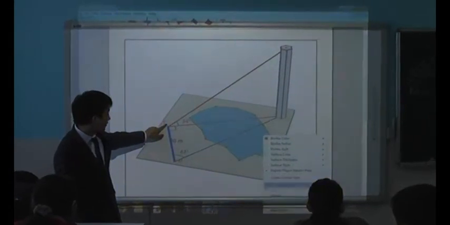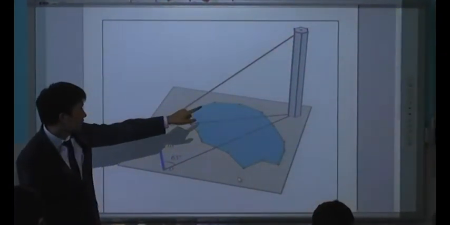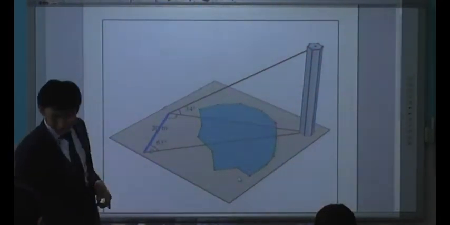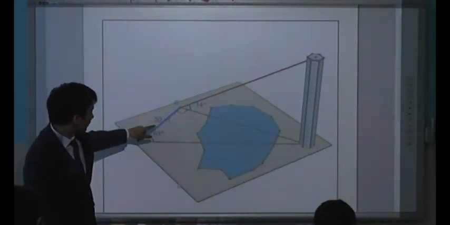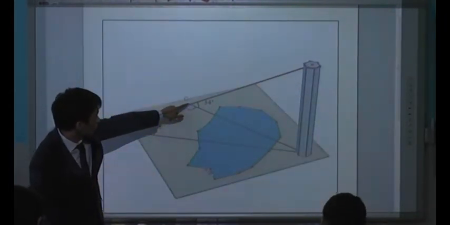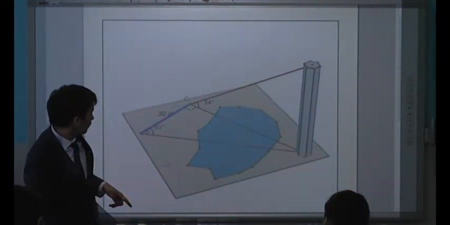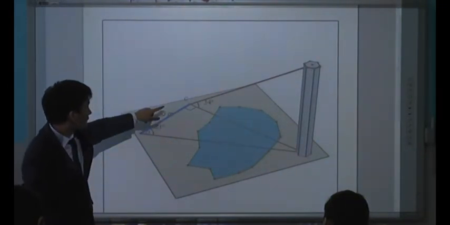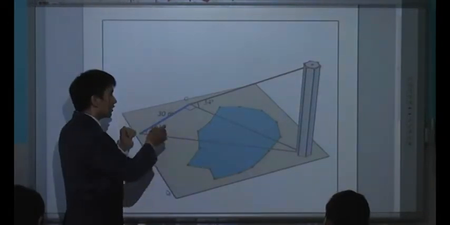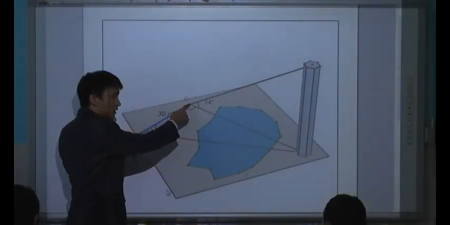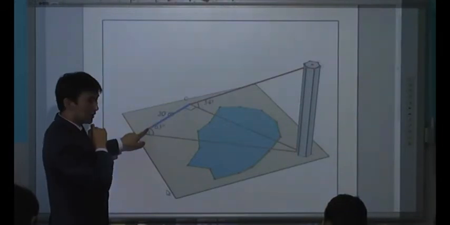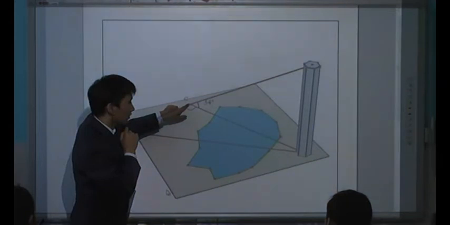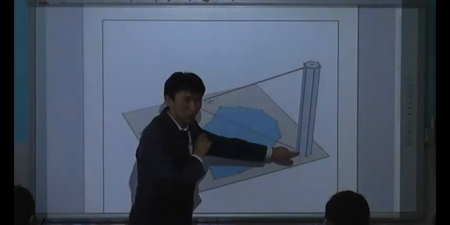Between us and the building there is a lake, and we can't pass it. But we can measure the angle of elevation, which is 34 degrees. Here we provide a rope that will be perpendicular to the line that joins us with the building.